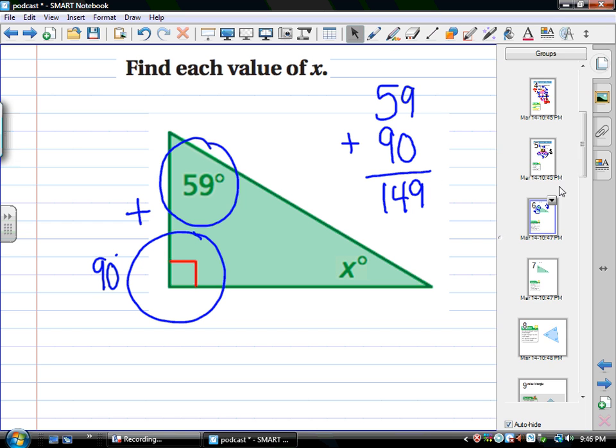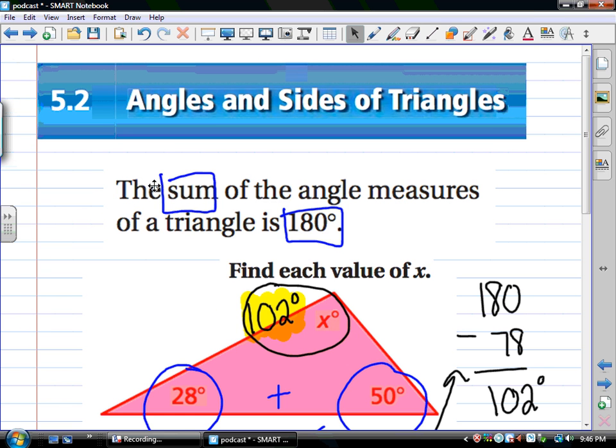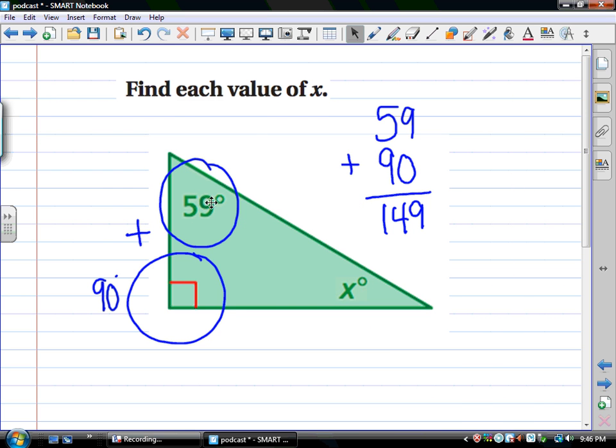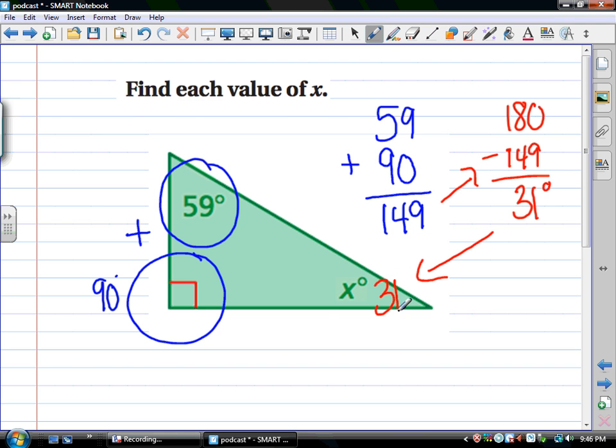I know by definition that the sum of the angle measures of any triangle is 180 degrees. So 59 degrees, 90 degrees, and some number, x, have to give you 180. Since I have to get to 180, I'm going to do 180 take away 149. That gives me 31 degrees. X is 31 degrees in this problem.